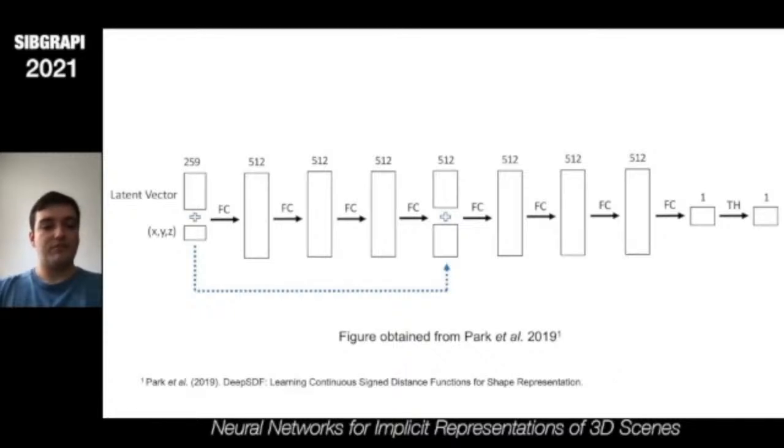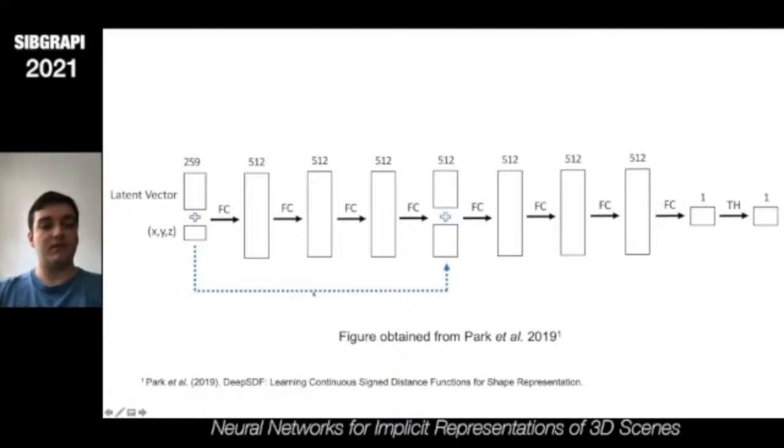A graphical representation of the architecture proposed by Park is presented here. The architecture is fairly simple. There are only 8 fully connected layers with very little nonlinearities. Each layer presents 512 nodes, with the exception of the last layer, whose output is a single node, which is the SDF value. As input, the XYZ coordinates of the sample are concatenated to the latent vector, which here is assumed to have 256 positions.